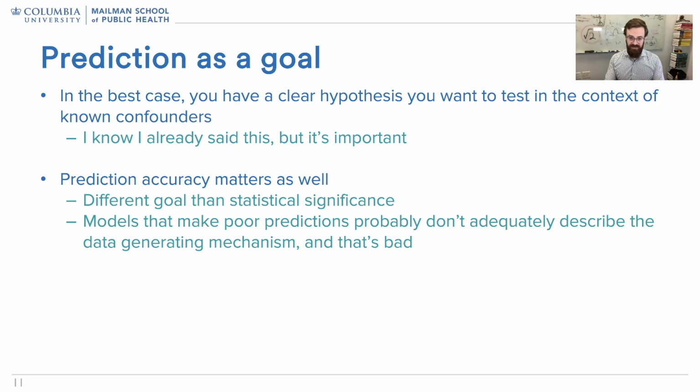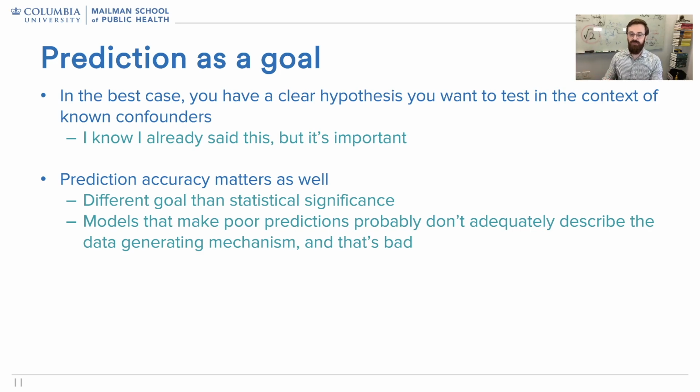And if you can set up your model ahead of time, where you know the list of confounders you're going to be interested in and you can test the specific thing that you care about, that is in some sense the best case for generating statistical evidence in the context of a p-value. That's not the only way you might go about generating evidence, and it often doesn't work out that way. But I do want to be clear that if you want to get a p-value, you should be clear about the process you're using to get to that point and make sure that it's valid in the way that you need it to be.